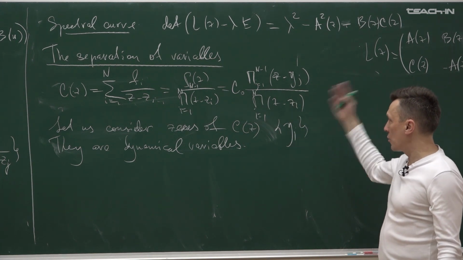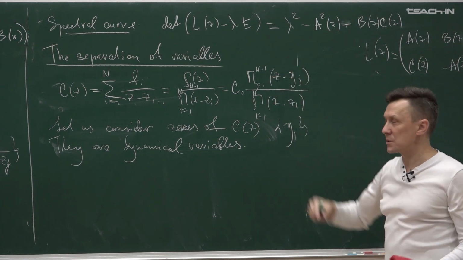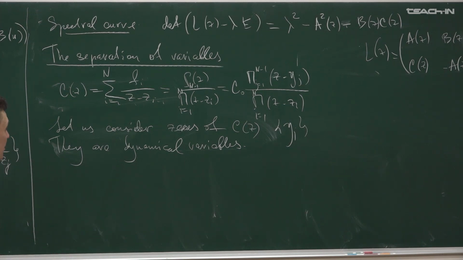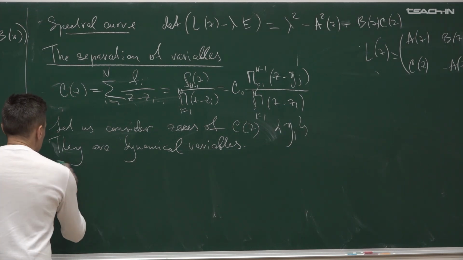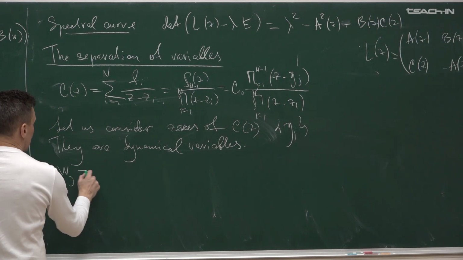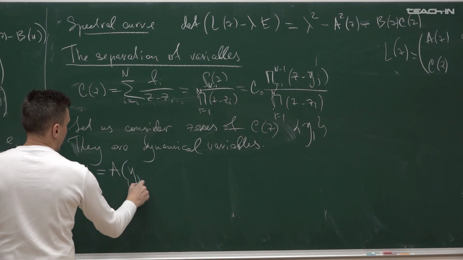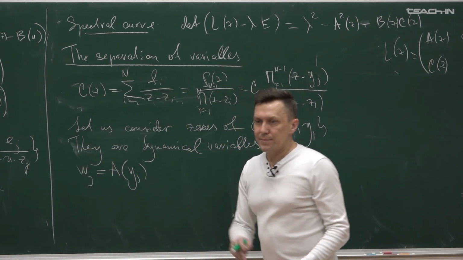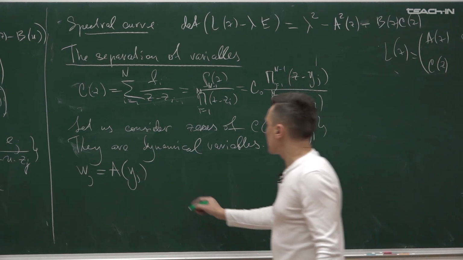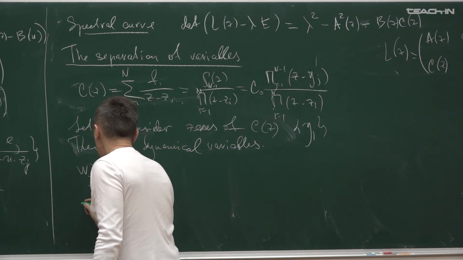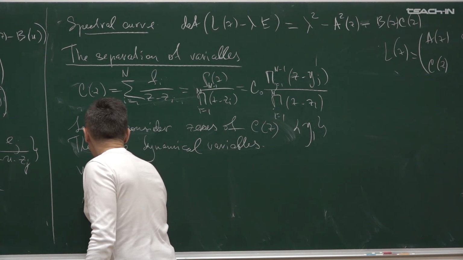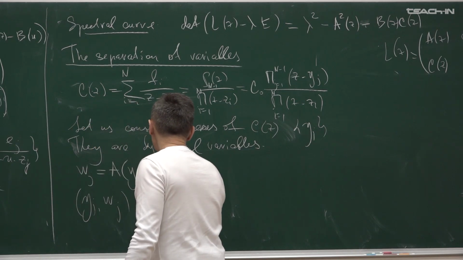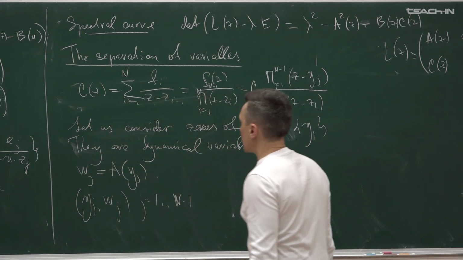The poles are constant, but the zeros are dynamical variables. And we consider the partners of these variables. We introduce omega_j, which is a of y_j. Okay. So now we consider the variables on our phase space, which is the set of z_i, y_j, and w_j, and j from 1 to n minus 1.